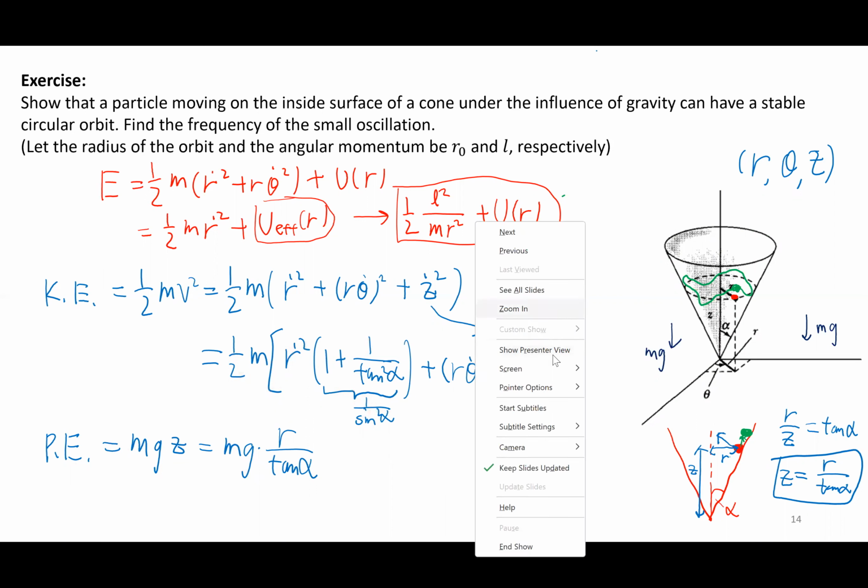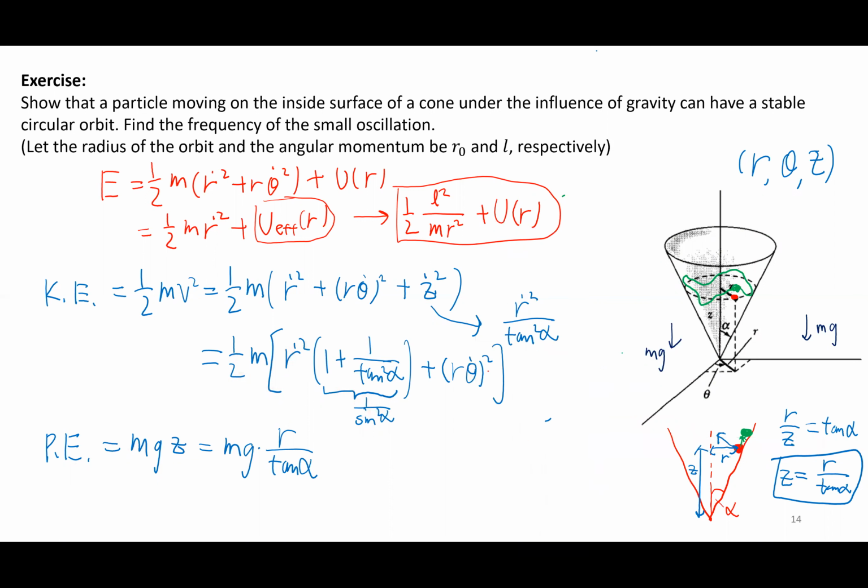So now one more equation that we'll use. Let me first also write it here: L is equal to m r square theta dot. Okay, conservation of angular momentum. So if we also plug this L equals m r square theta dot into the KE term, then I'll open a new slide to again write down the expression for the total energy.